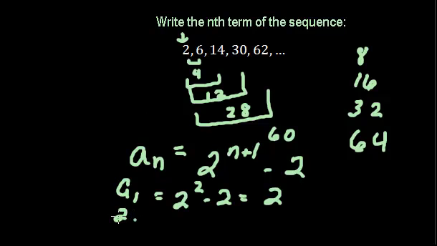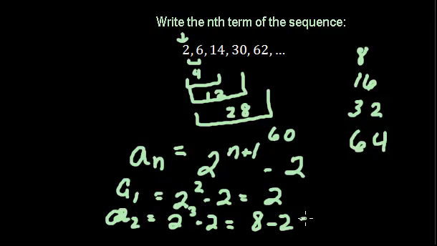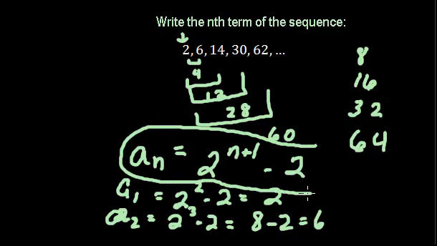A sub 2 equals 2 to the 3rd minus 2, so that would be 8 minus 2, and that corresponds with my 6, which is next. And if you check all the rest of them, that worked. So for this one, I would choose this. Are there others? Yes, you could choose others, but this was the one I chose after fiddling around with the numbers.